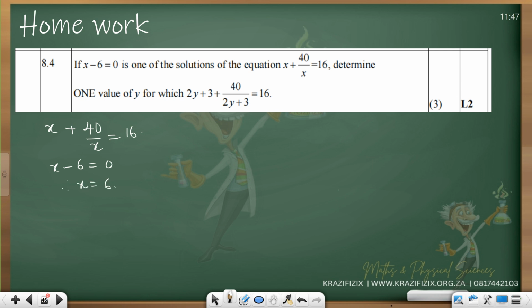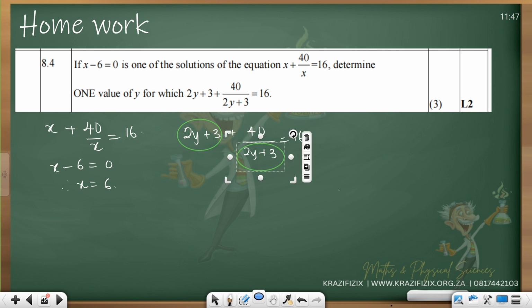Do you notice this? 2y plus 3 plus 40. What do you notice? They're quite similar to the one we did. Do you notice that that is practically the same place as x? So it means 2y plus 3 is x.